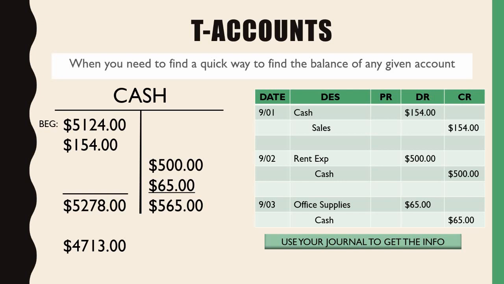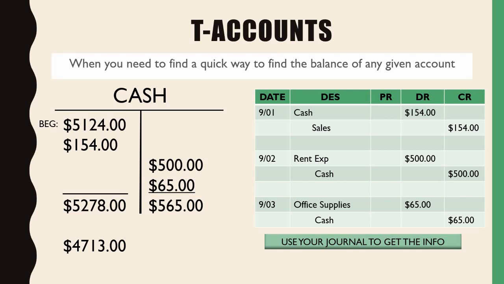Now, in this class, I'm not going to require you to understand or know what a T account does, but it's just basically a quick math on the side to total up the amount of cash in a specific account. So if you had all these transactions and you were kind of figuring out how much cash do I have? Well, if I started out with $5,124 and I spent $500 here and then I spent $65 here, how will I know how much I have?